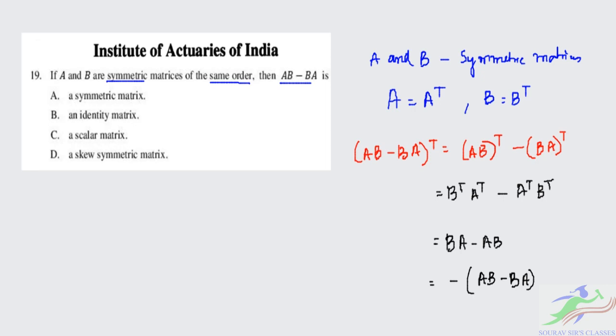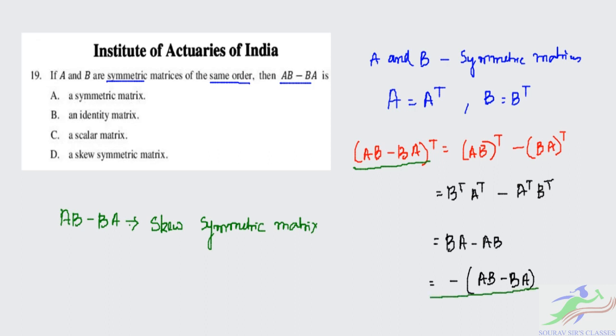So from here we can conclude that AB minus BA is going to be a skew symmetric matrix. As you can find, AB minus BA transpose is coming out as minus of AB minus BA, which is nothing but a skew symmetric matrix.